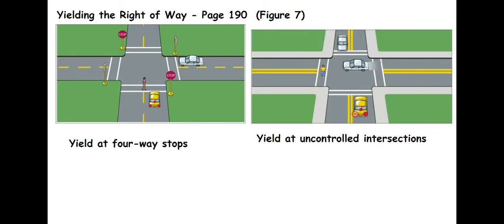But because you have the pedestrian, that white car definitely is going to have the opportunity to go first because you're yielding to the pedestrian. The one on the right is an uncontrolled intersection. And again, whether you go straight or make a left turn, you're going to yield to crossing traffic, pedestrians, and oncoming traffic.